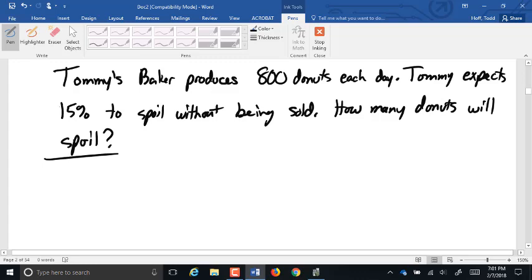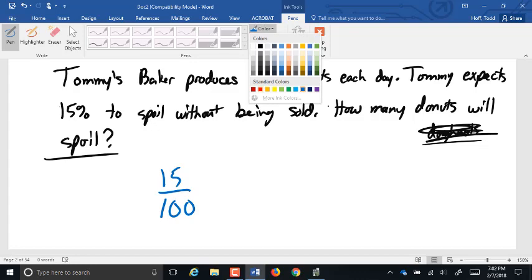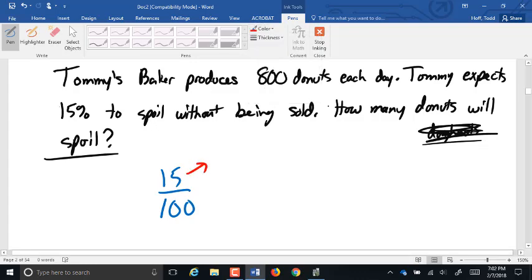I'm gonna give you a second. Try that one. Okay, so we have the 15%. That's 15 out of 100. The 15 represents the ones that spoil. 100% represents all the ones that are made.